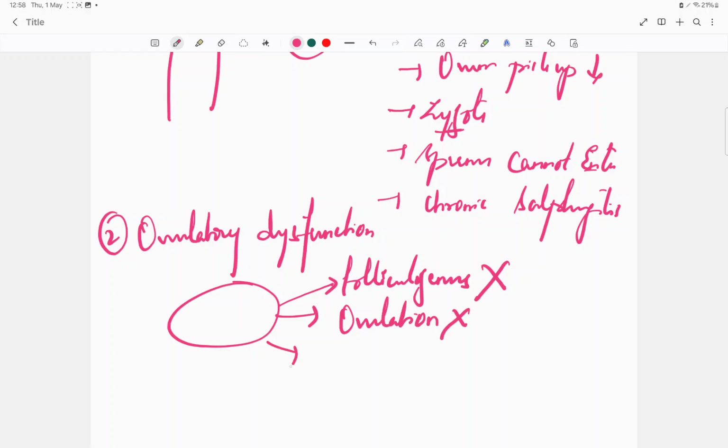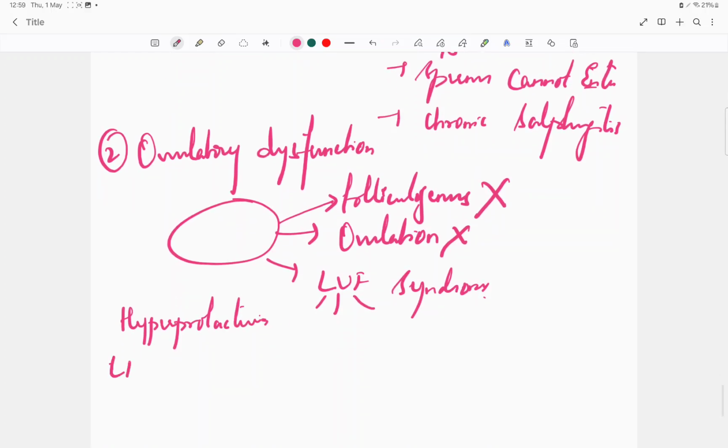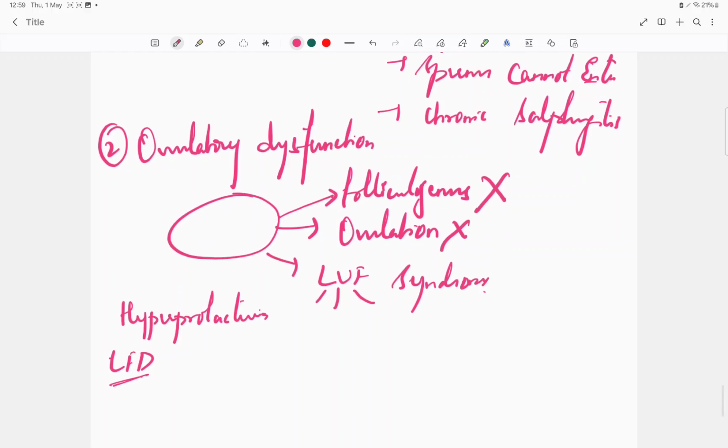And next there is something called LUF, luteinized unruptured follicle syndrome, which we'll study later. And hyperprolactinemia and luteal phase defect. So these are the ovulatory conditions that lead to infertility.